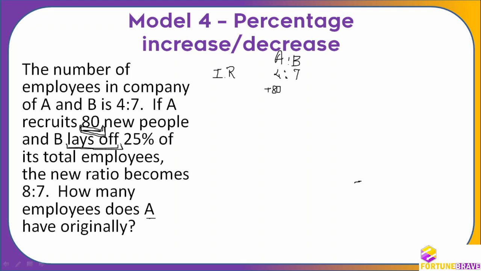Lays off means they will be losing the job. The employees have been shown the door, removed from their job. That is called lays off. So the number of employees will decrease.